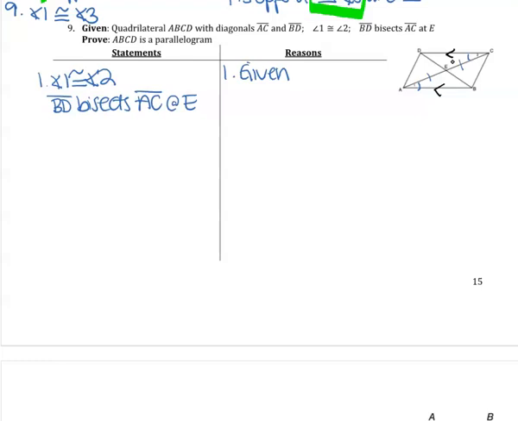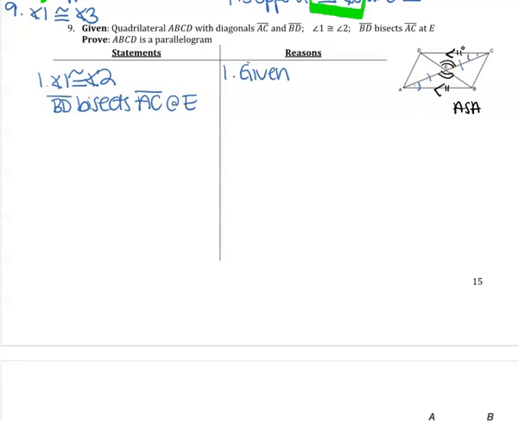Now, additionally, if I can prove these 2 triangles congruent, the top and bottom one, maybe because I have some vertical angles in there, so by angle, side, angle, then it must be true that their corresponding sides are congruent, and there you have it. I have a parallelogram by one pair of opposite sides both congruent and parallel.